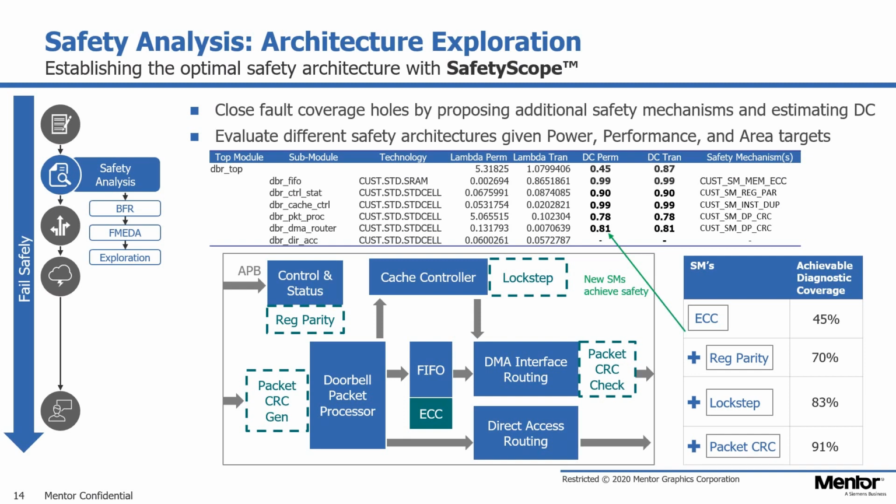And so I try to outline this here in the picture. For example, if I add a lockstep mechanism to my cache controller, then how would this have an impact on the diagnostic coverage? If I do packet CRC, how would this have an impact on the diagnostic coverage?